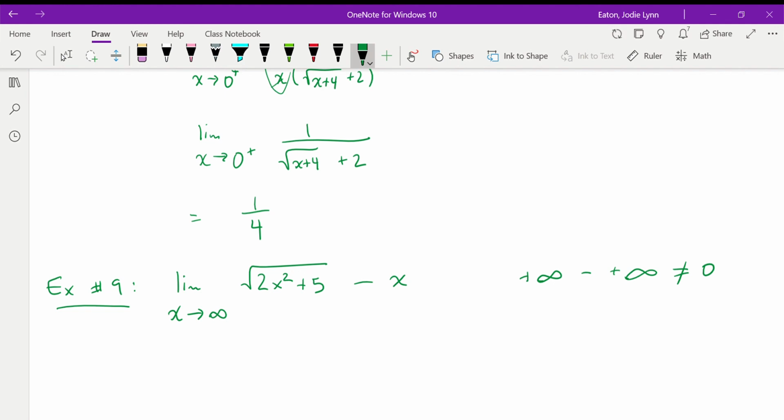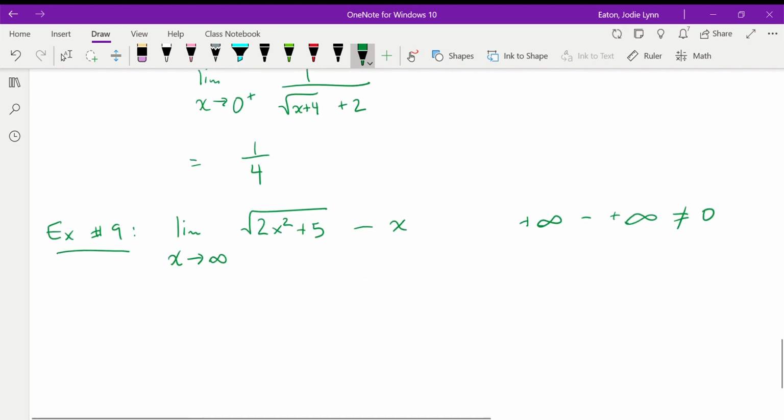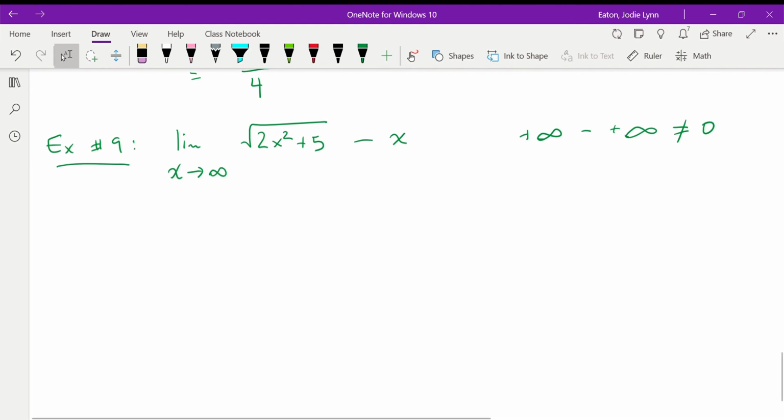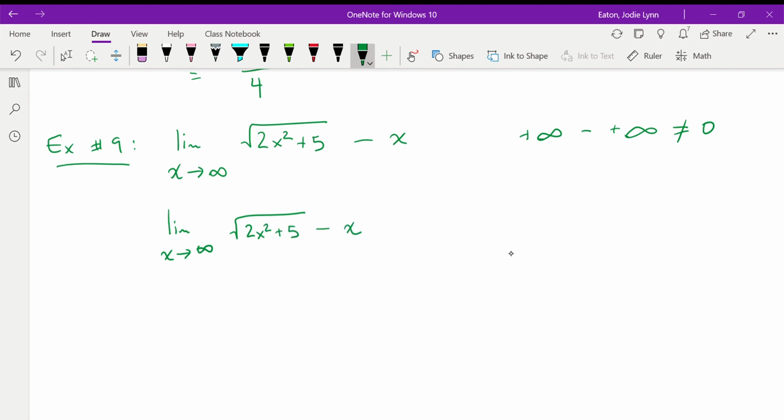So we have to do something. We're going to do something that I'm sure some of you would never voluntarily do in your lives. We are actually going to take this and give it a fraction even though we don't have a fraction. Because we would say, oh, let's multiply by the conjugate. We can't, because this isn't an equation, we can't just multiply by the conjugate. We can only multiply by the conjugate over the conjugate. So we're going to do that.